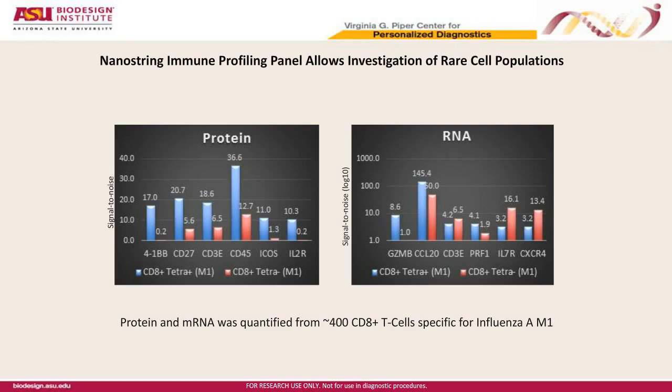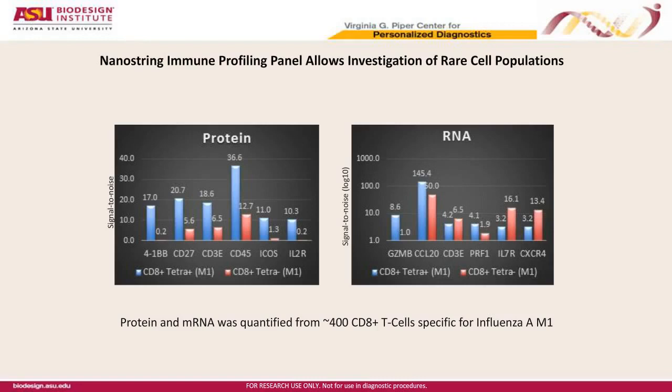And as you can see, there was an increased relative amount of 4-1BB, CD27, and a number of other co-stimulatory and co-inhibitory molecules, as you would expect, in stimulated antigen-specific T cells relative to stimulated but antigen-negative CD8 positive T cells that were not stimulated with specific peptide.